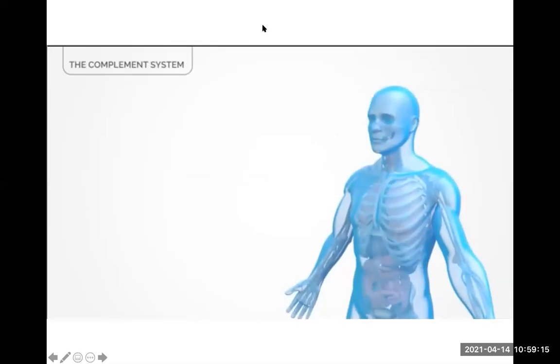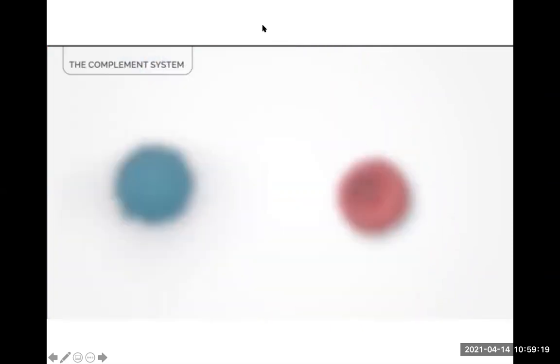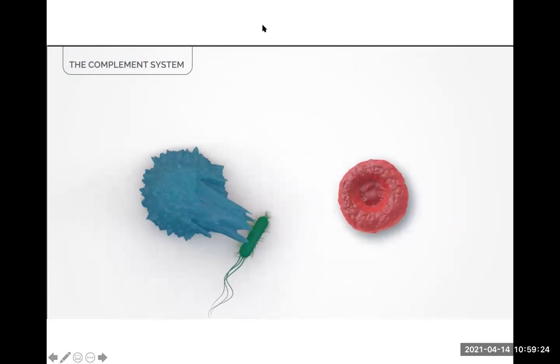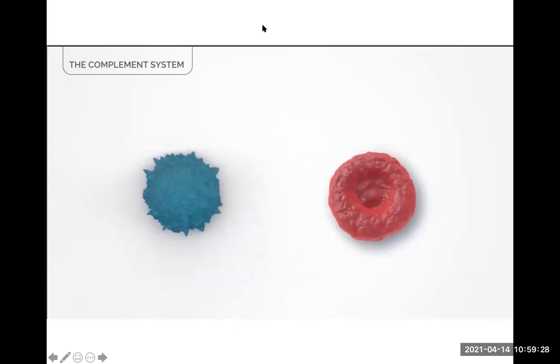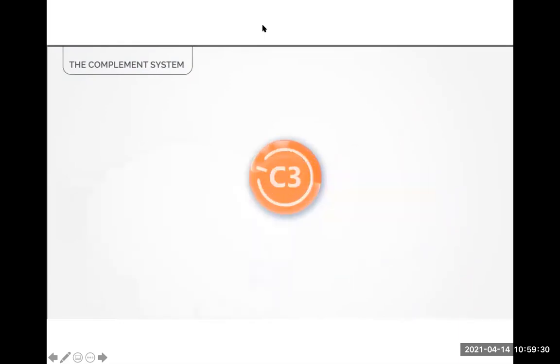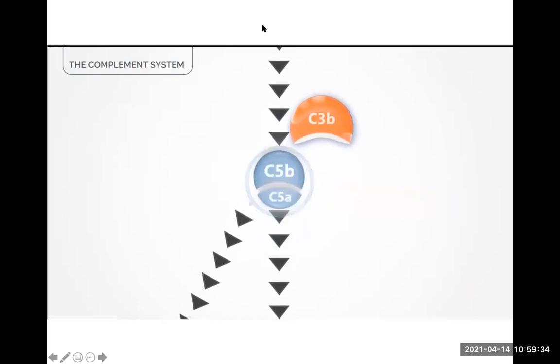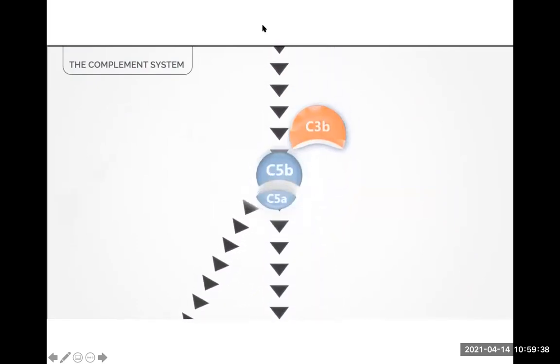The complement system is an essential and powerful part of our immune defense system. Its main function is to coordinate the destruction and removal of infectious organisms, known as pathogens, or damaged cells in our body that need to be replaced. The complement system consists of a cascade of proteins, which activate each other by cleavage, the process of splitting each protein one by one.